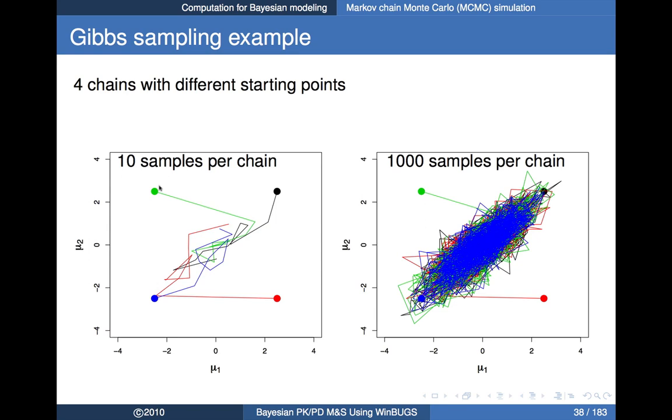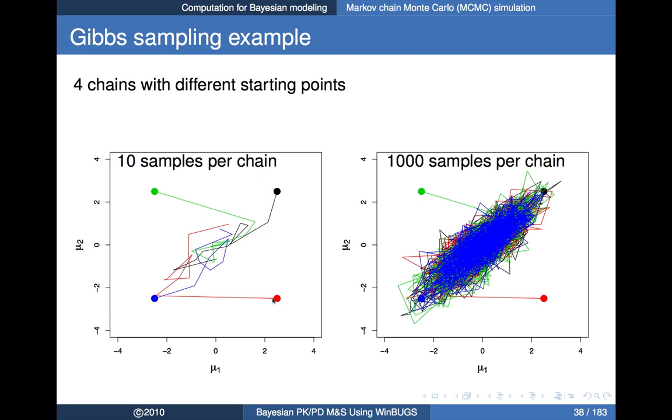I think this came right from the function I sent you, so you could see what I actually used, but I think those are the numbers that are in there, and then I basically did a square here. Nothing magical about it. I just picked numbers that were far enough apart relative to what I wanted to look at, that you could see the convergence process. So here, for example, you've got 2.5, 2.5, and 2.5, minus 2.5, and so on in here. And this is just showing after the first 10 samples.